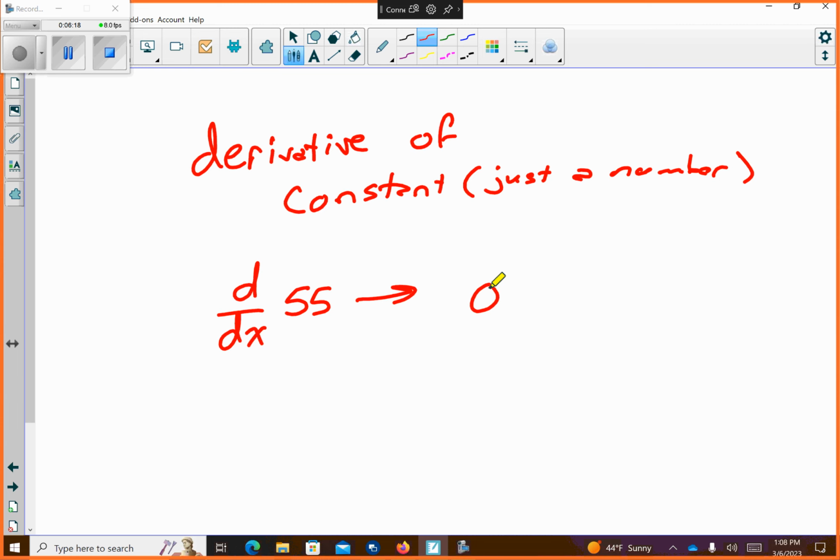Okay? So any number with no letters attached, the derivative is 0. Whatever number you want: 5, 20, 66, 254. Doesn't matter. The derivative of just a number is 0. Okay? Seem good so far? Not too impossible.